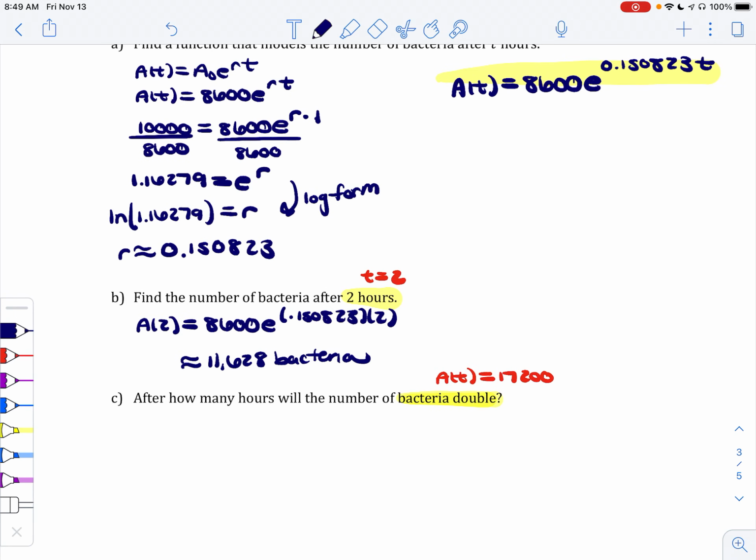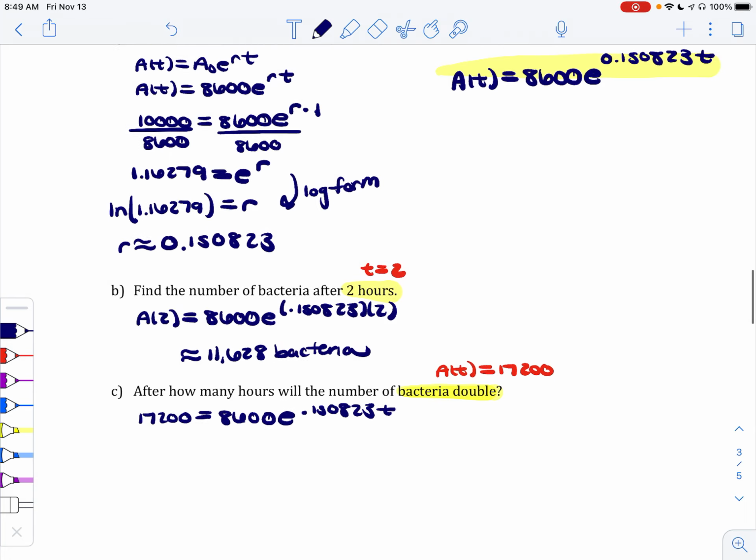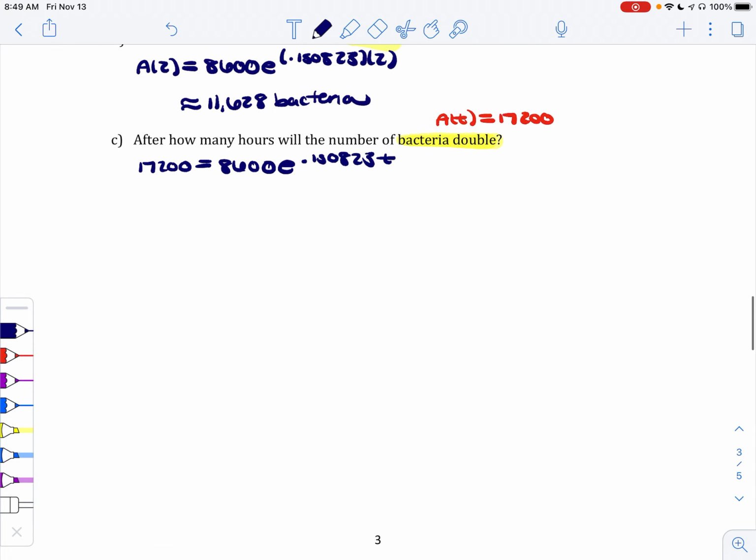We can substitute this into our equation. We're looking for 17,200 is equal to 8,600 times e to the power of 0.150823t. Now we're trying to solve for t.